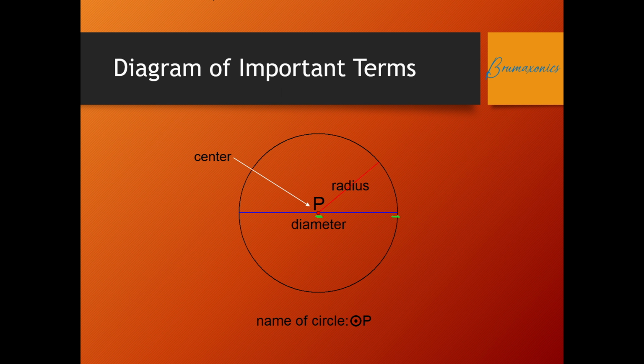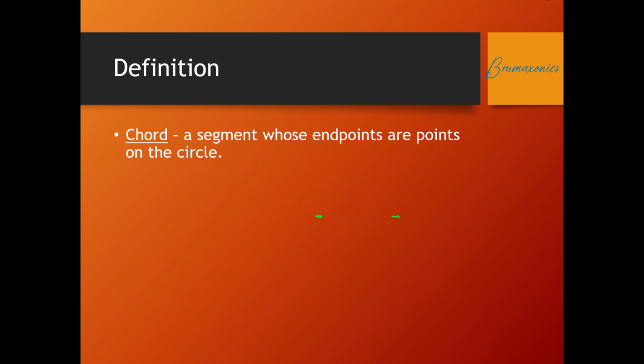So let's move to the next definition. So we have a chord, right? A chord is a segment whose endpoints are points on the circle. So that will be this. It means that the endpoints should lie on the circle.